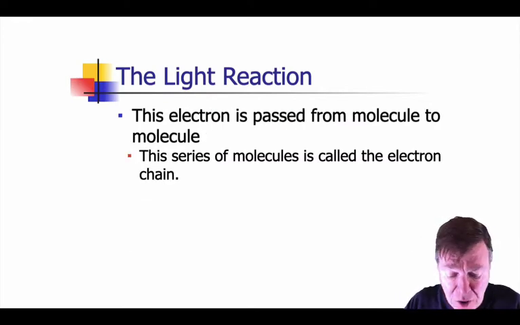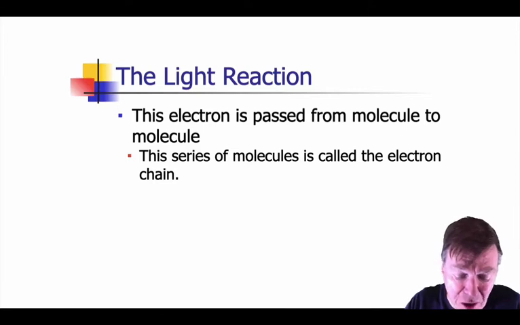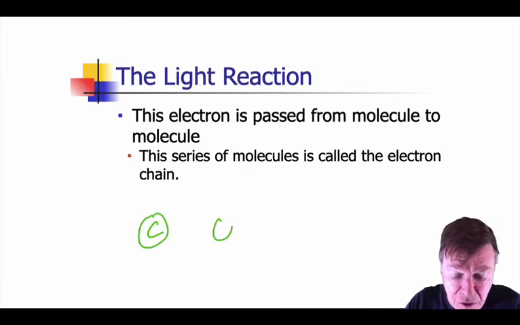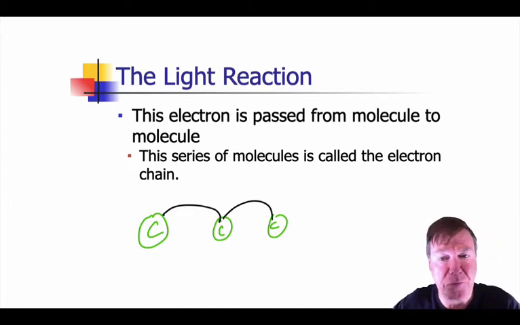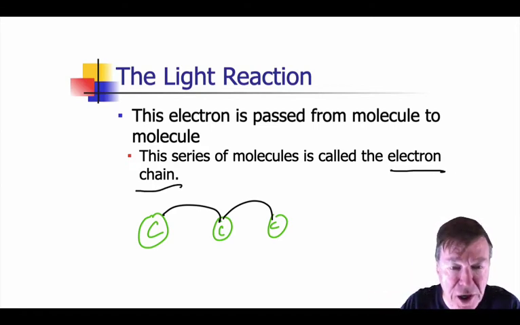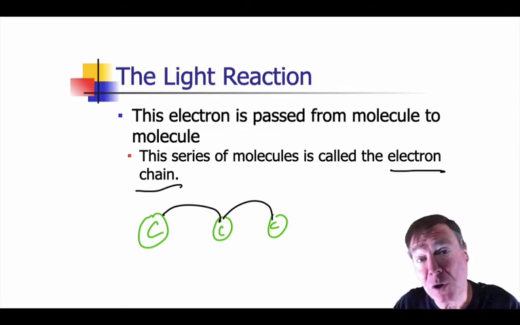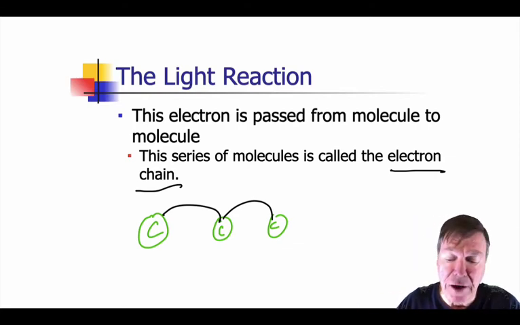It passes from molecule to molecule. Actually, it's probably like chlorophyll to chlorophyll to chlorophyll, and that electron jumps through a process called an electron chain. It's kind of like an electron transport chain, a gradient of energy.